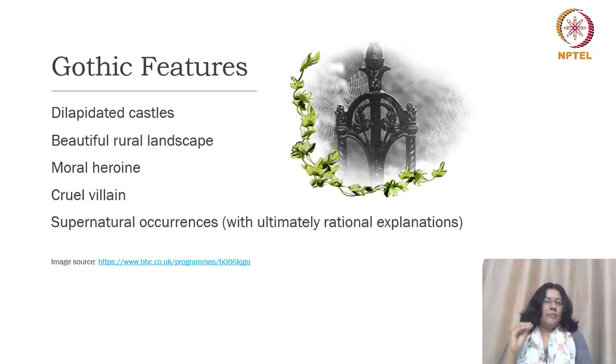We have a moral heroine, a very virtuous, virginal heroine who is persecuted by a cruel villain, and there are supernatural occurrences, either imagined or real. In the case of Mrs. Radcliffe, these supernatural occurrences have ultimately rational explanations.